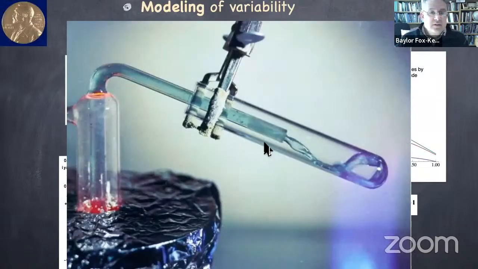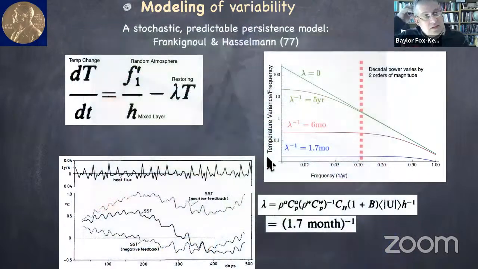And the last piece of this story, which of course, it's always good to mention the Nobel Prize when you have the opportunity, is what experimental framework might we have for this? Well, there's the Hasselmann and Frankignoul-Hasselmann model, which is essentially a temperature change of a mixed layer with a fixed mixed layer depth under a random atmosphere and a restoring force. You can solve this stochastic differential equation forced by the random atmospheric forcing.